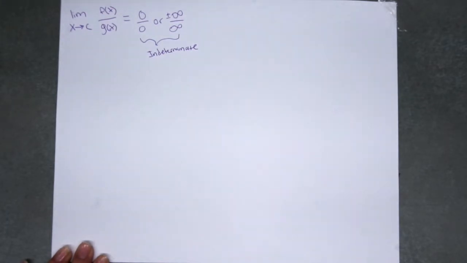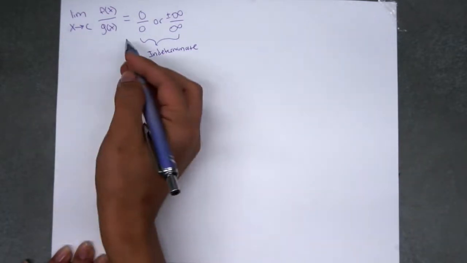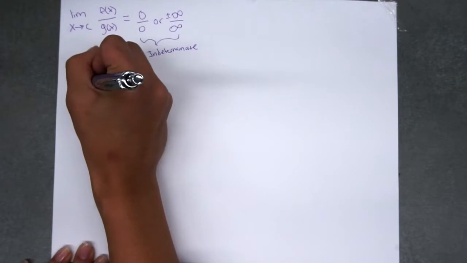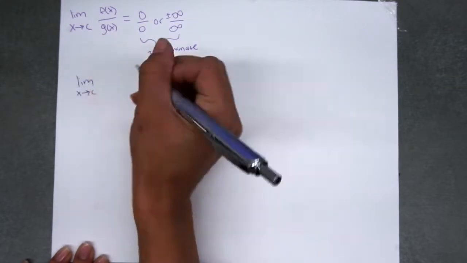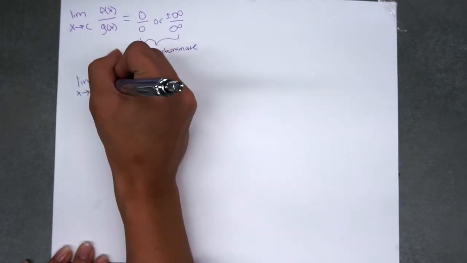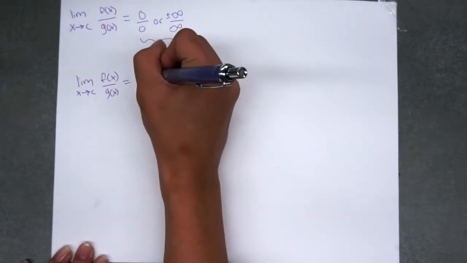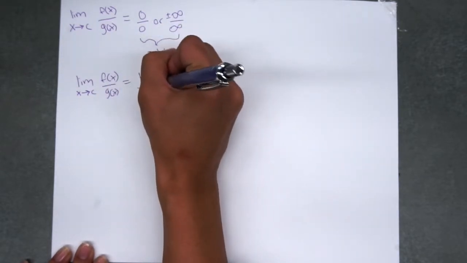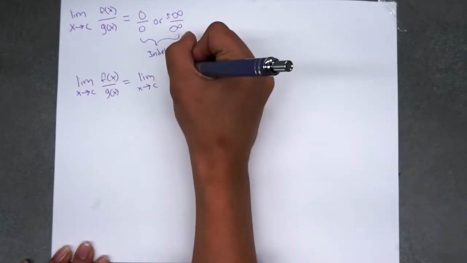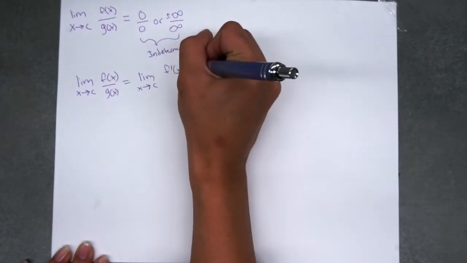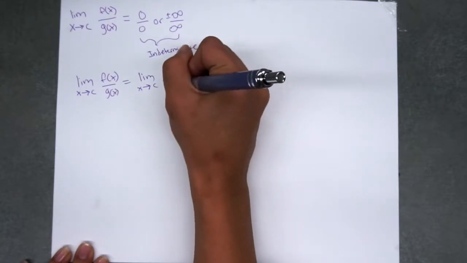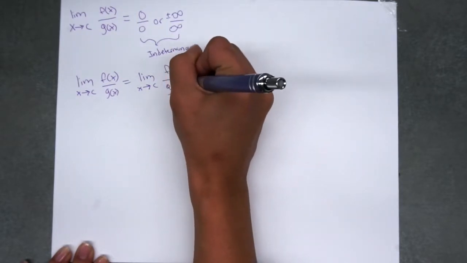So L'Hopital's rule states that the limit of our function is equal to the limit of the derivative of the numerator divided by the derivative of the denominator.